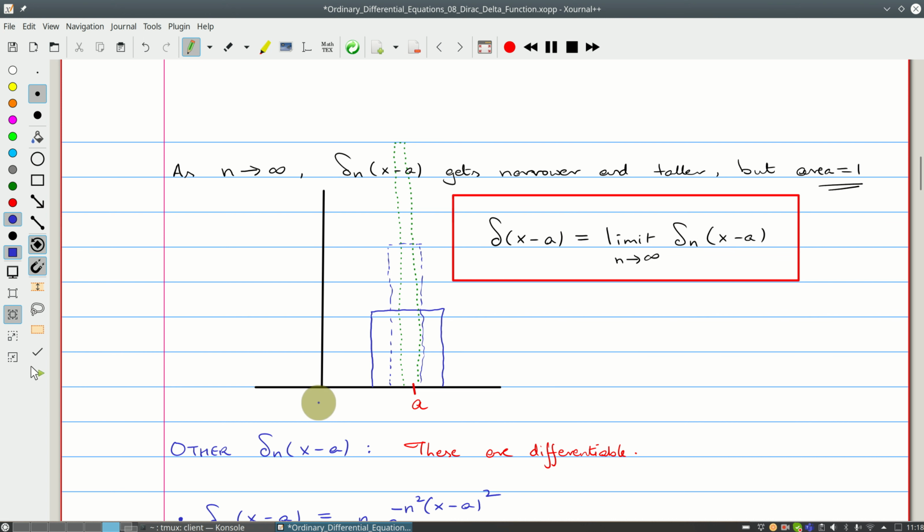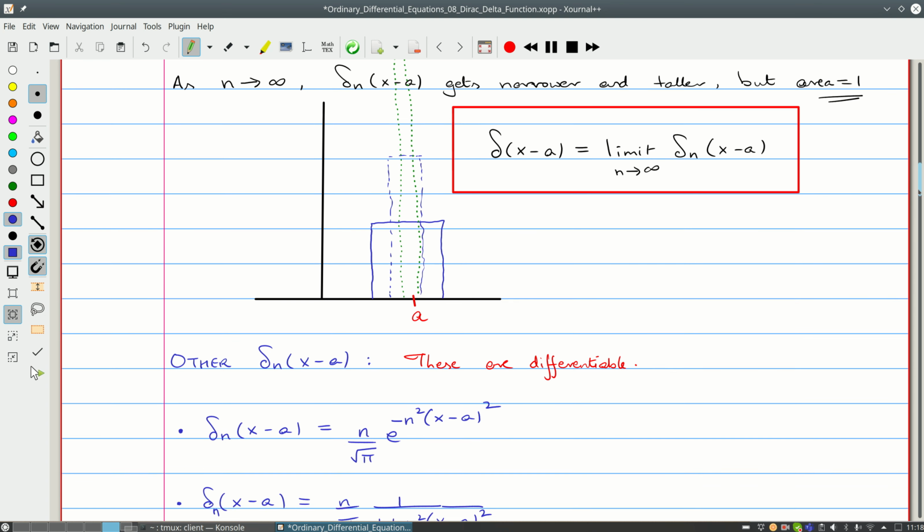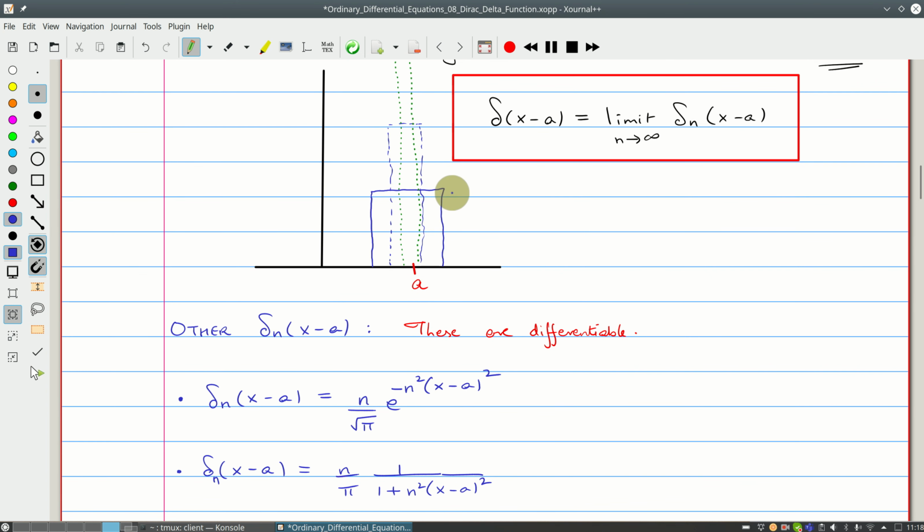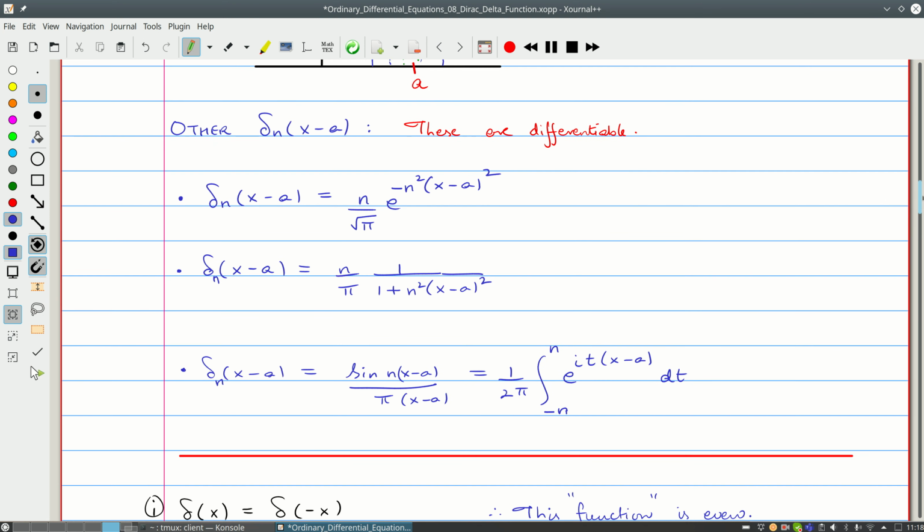And there are other ways of doing this kind of construction of the Dirac delta. There are an infinite number of ways. See, this box function is not differentiable. That's kind of bad. Mathematically, sometimes you want something that's differentiable. So these examples are differentiable. What we can do is use a Gaussian. We define delta n to be n times e to the minus n squared times x minus a squared, divided by root pi.